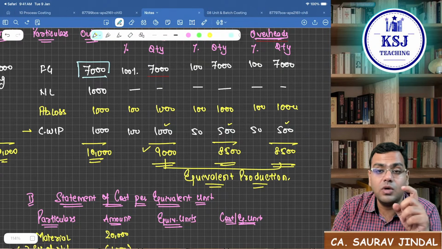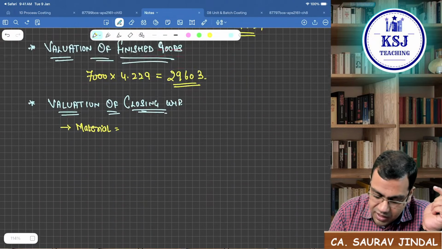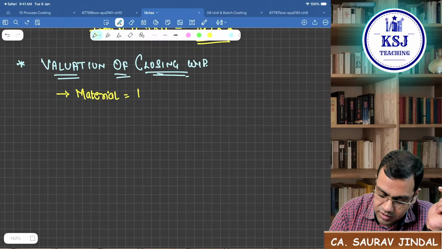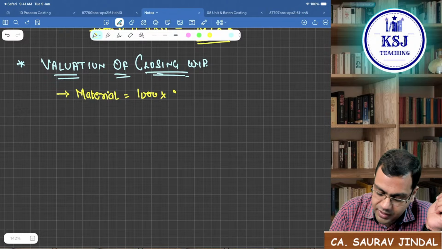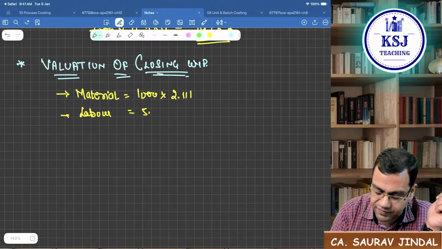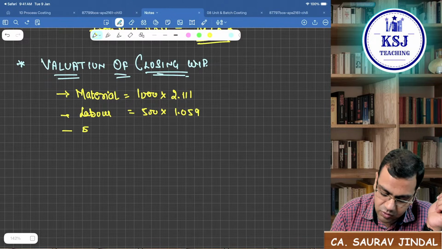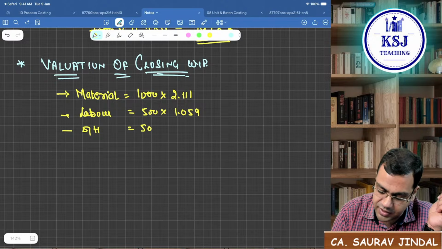You have to take the equivalent units. So here the material cost is incurred on how many units? On 1,000 units, 2.111. Labor cost incurred on 500 units into 1.059, and overhead cost 500 units into 1.059.